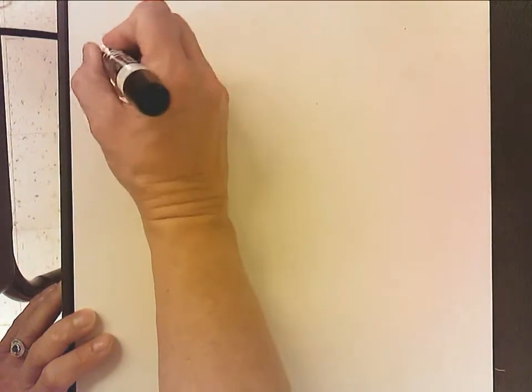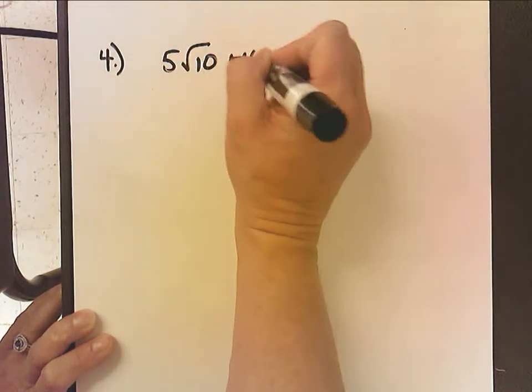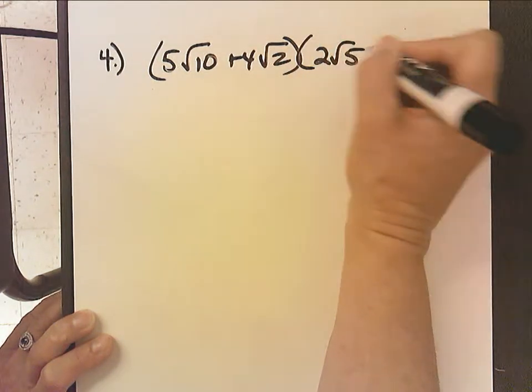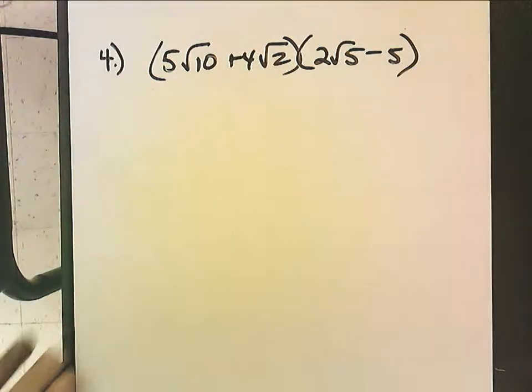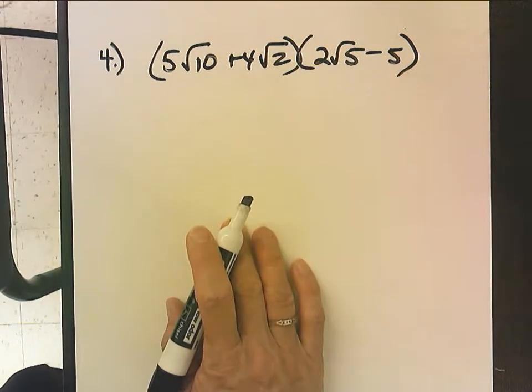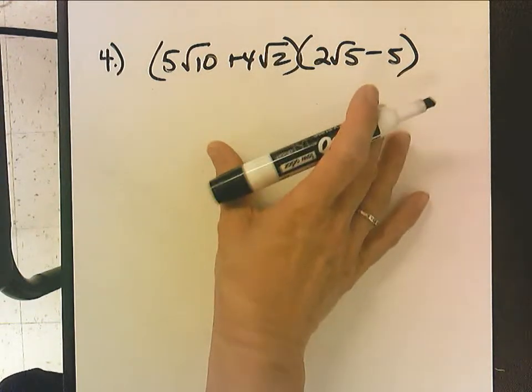Now, number 4: 5 root 10 plus 4 root 2 times 2 root 5 minus 5. So this is just for practice, because when you're rationalizing your denominators, a lot of times you have to multiply. So we're just practicing multiplying.